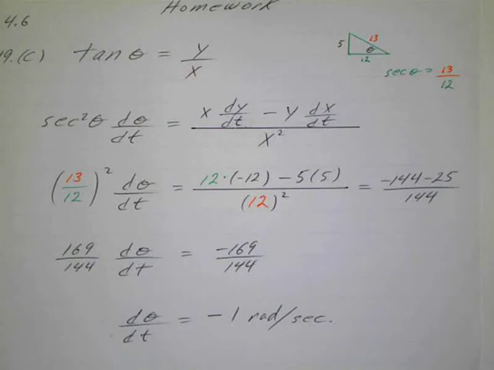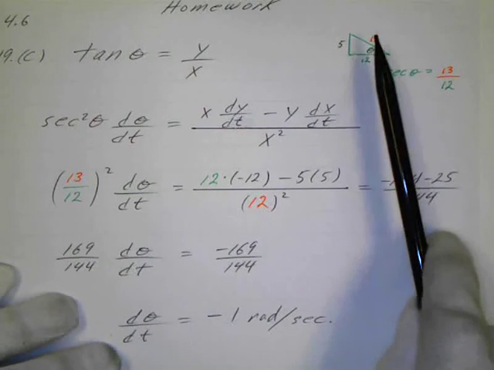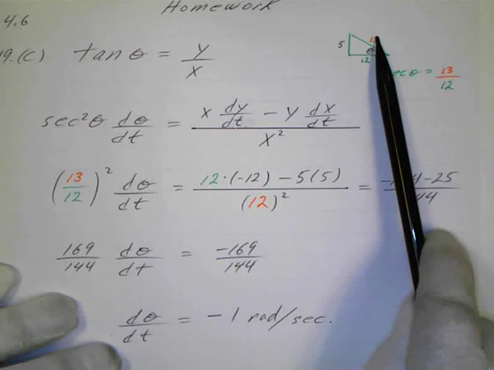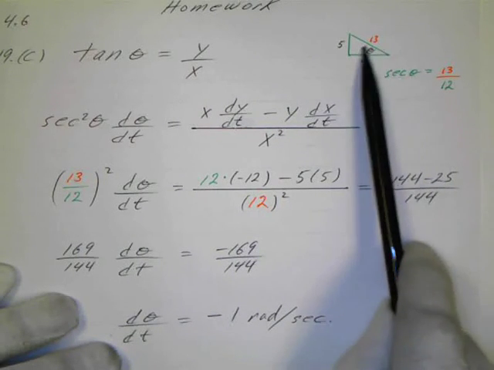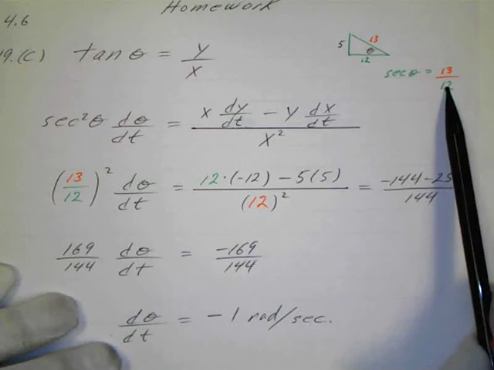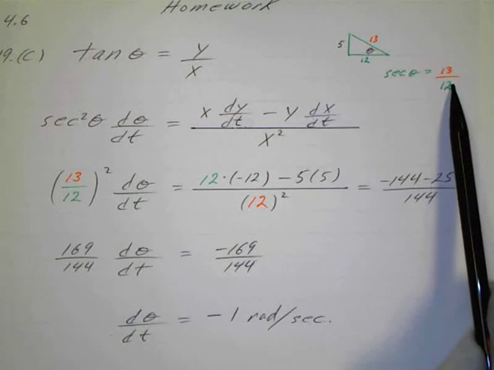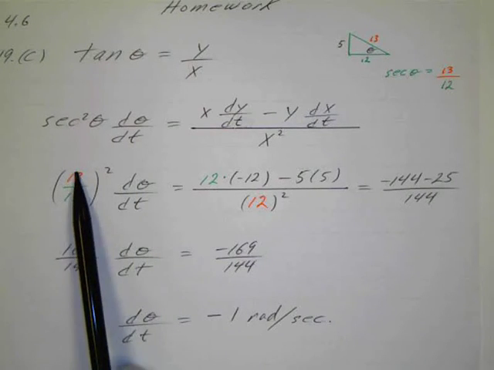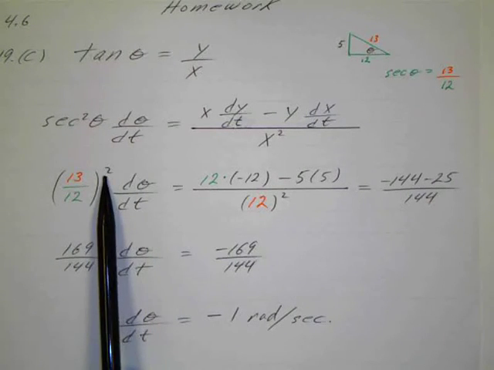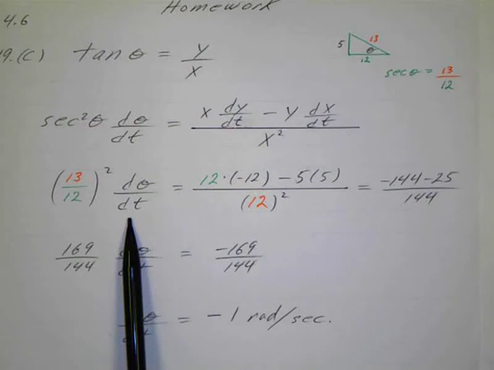The cosine is adjacent over hypotenuse, so the secant is the reciprocal, hypotenuse over adjacent. So the secant at this moment is 13 over 12. That's going to be the secant squared, so this is 13 over 12 squared, times d theta dt.